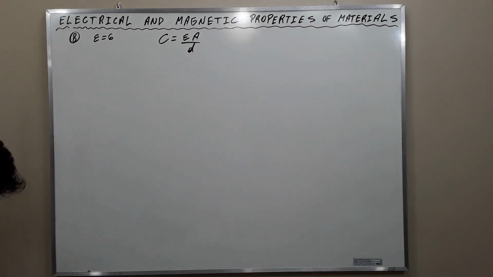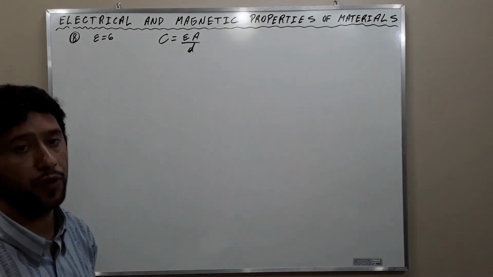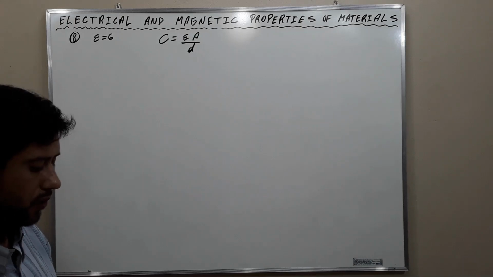The cross-sectional area was given in inches, as 10 square inches, and the separation was given also in inches, 0.01 inches. Before using this expression, we are going to carry out unit conversion.